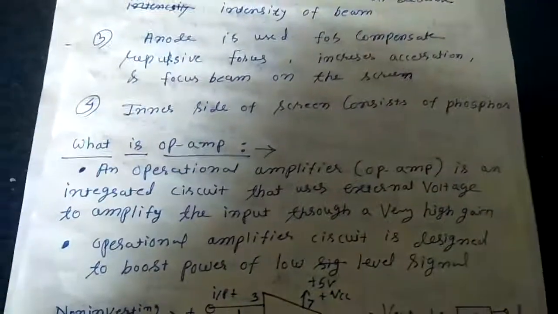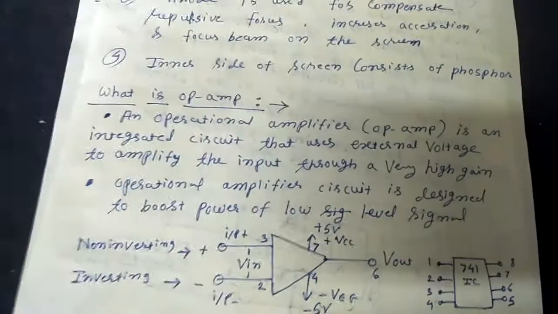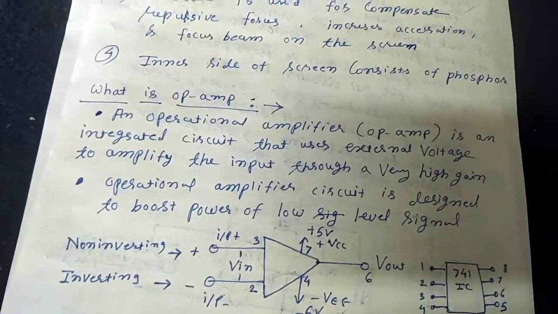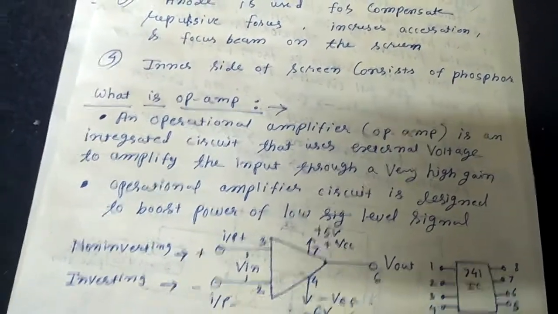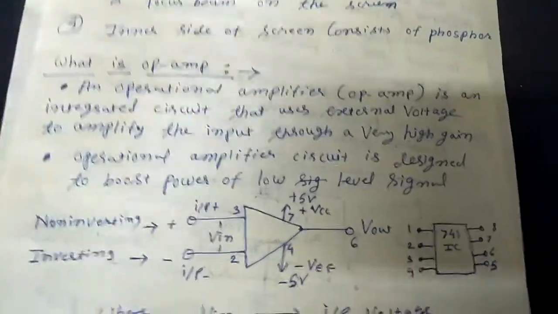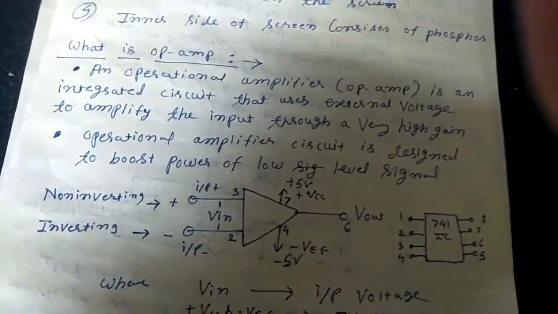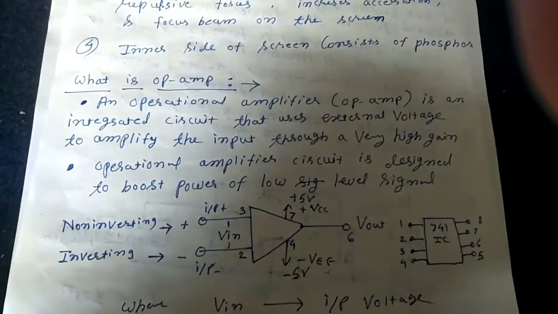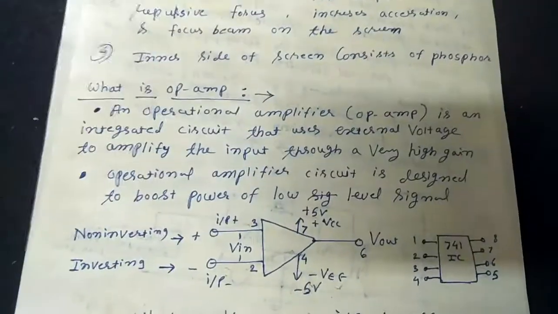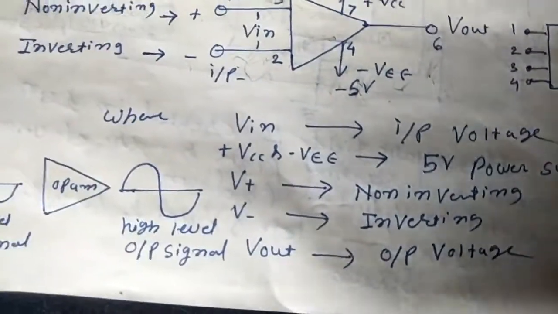It is an integrated circuit that uses an external voltage, means we are applying a plus or minus 5 volt power supply to it. This external power supply is used to amplify the input signal which we are applying here. So an operational amplifier is a circuit designed to boost the power of a low signal. Its power gets increased, or a weak signal is converted into a strong signal.